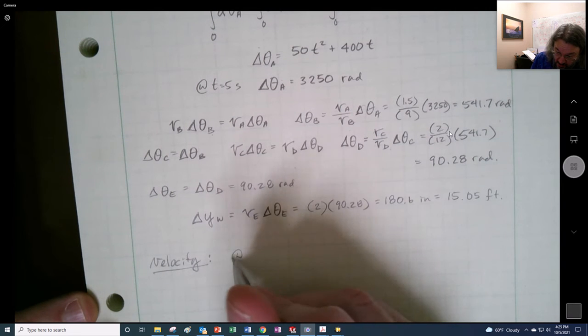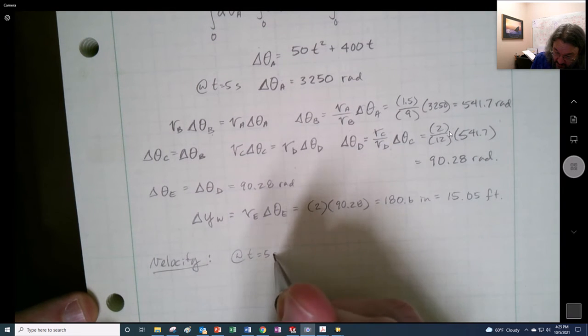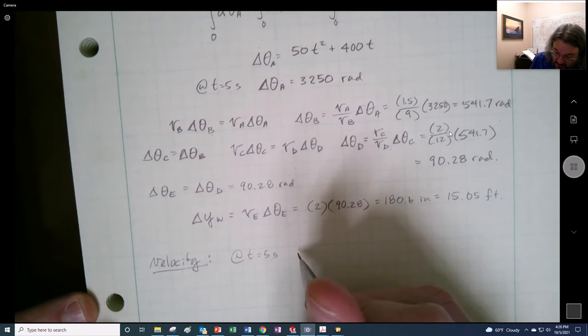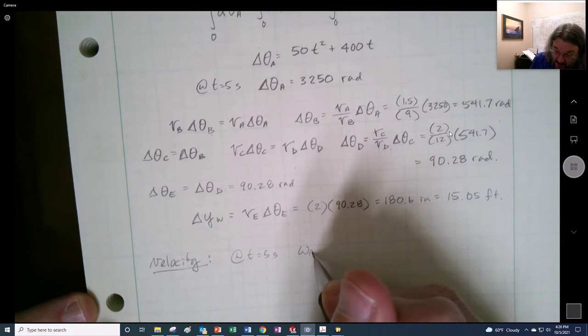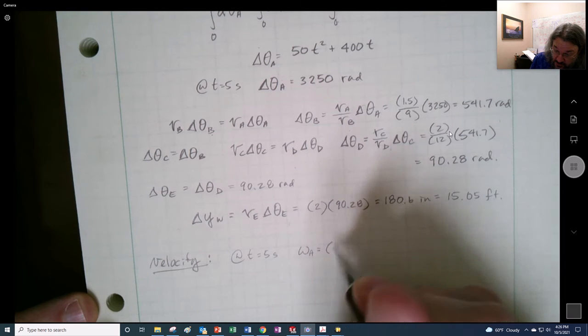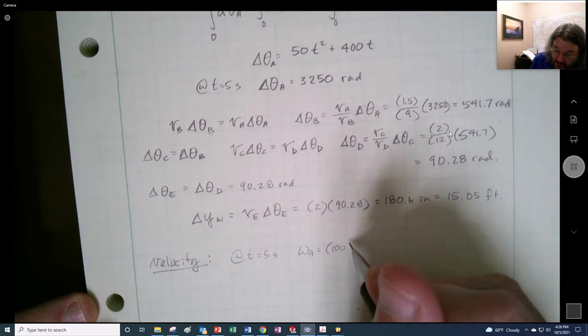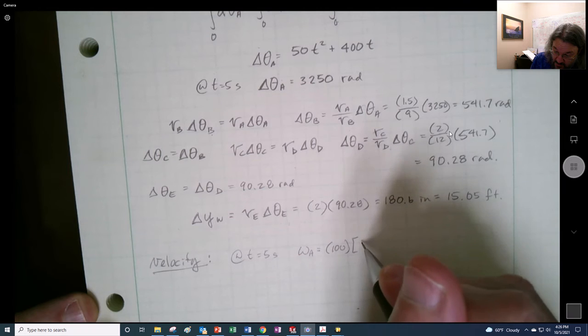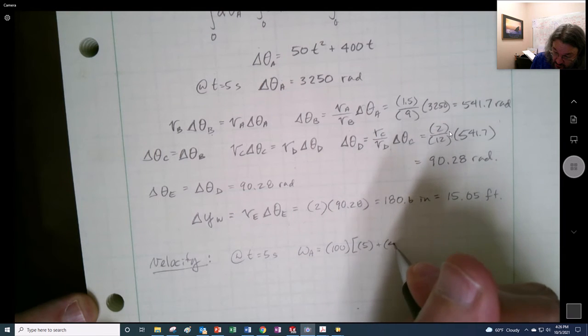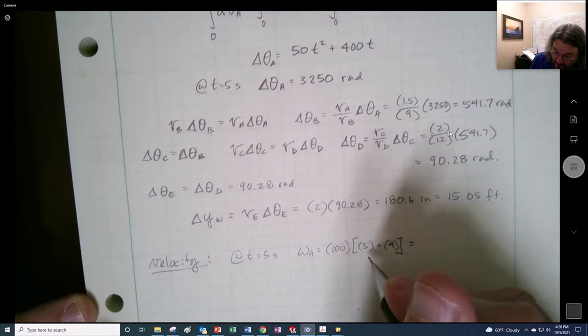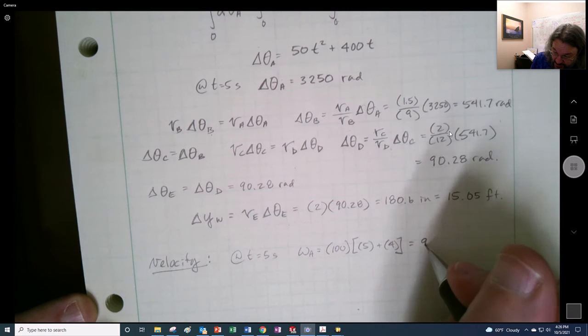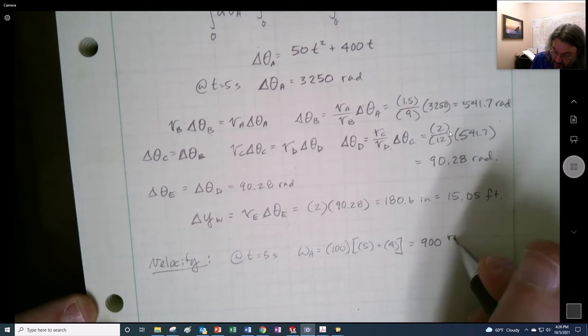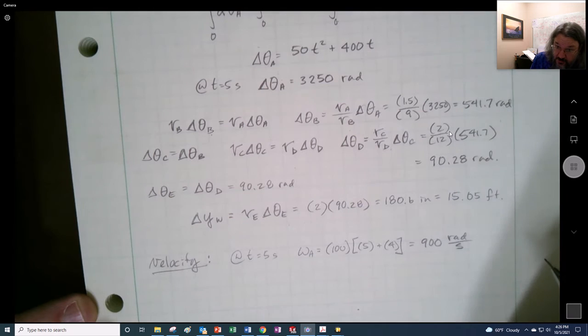At t equals 5 seconds, omega A is equal to 100 times 5 plus 4. I should be able to do that in my head. That should be 900 radians per second.